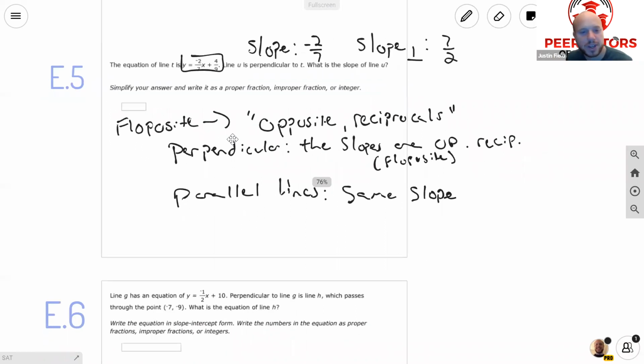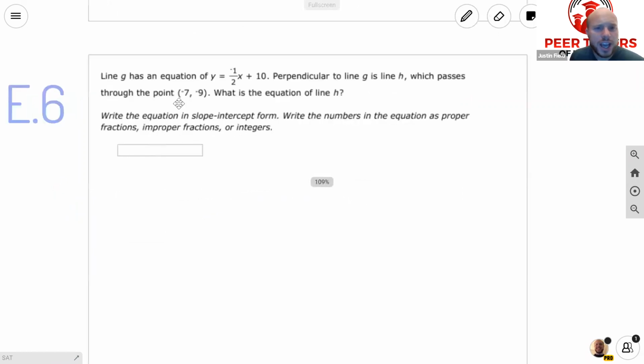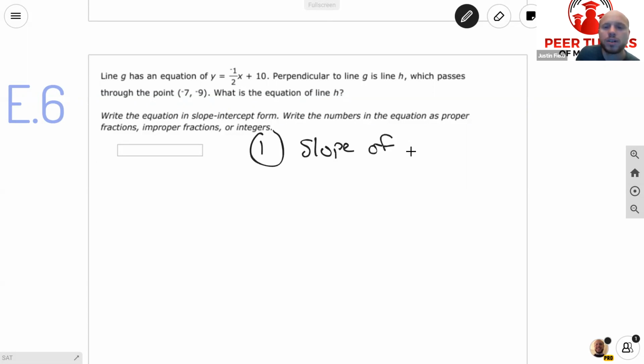All right, moving on. Line G has an equation of y equals -1/2 x plus 10. Perpendicular to line G is line H, which passes through the point (-7, -9). What is the equation of line H? All right, well, first thing we want to do is find the slope of line H. We're going to start with -1/2, which is the slope of line G, and we're going to flip it, and we're going to change the sign.